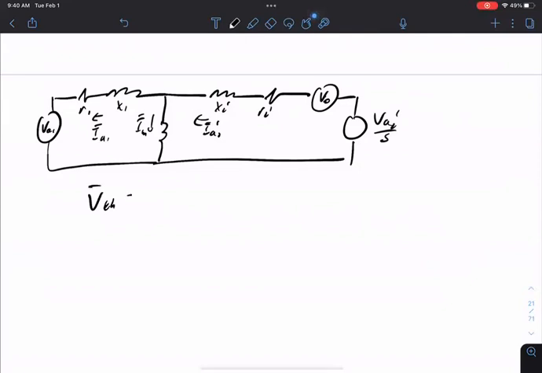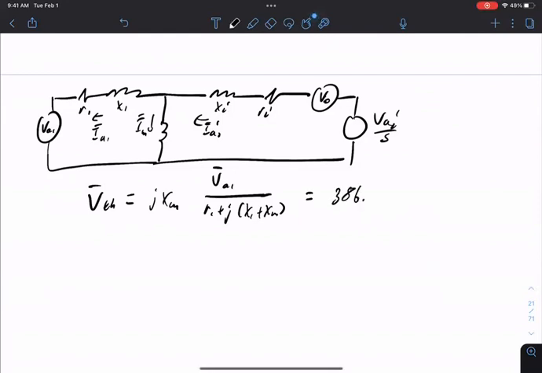So VTH is jXM times VA1 over R1 plus j(X1 plus XM). Plugging in all the numbers, we get 386.7 angle 0.056 degrees.